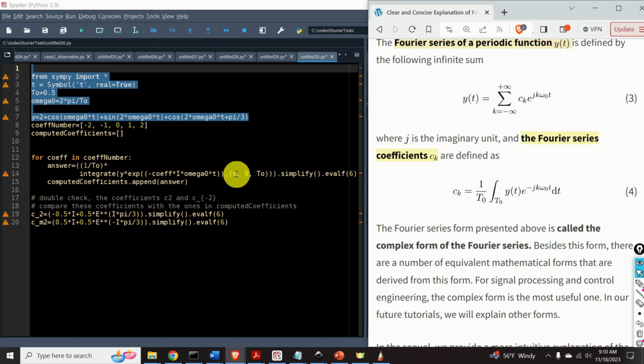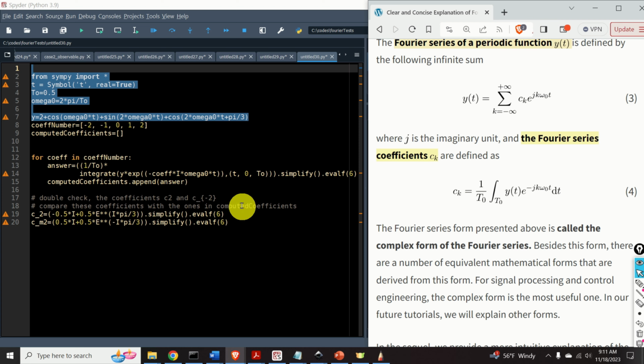Then, over here, I specify the integration bounds and the variable for integration. The variable is t, and the integration is from 0 until t0. That is, I'm integrating this function over the fundamental period. Then, I'm using this function simplify to simplify the expression and to evaluate, that is, to numerically compute the resulting expression. And finally, I divide the result with 1 over t0 in order to compute ck.